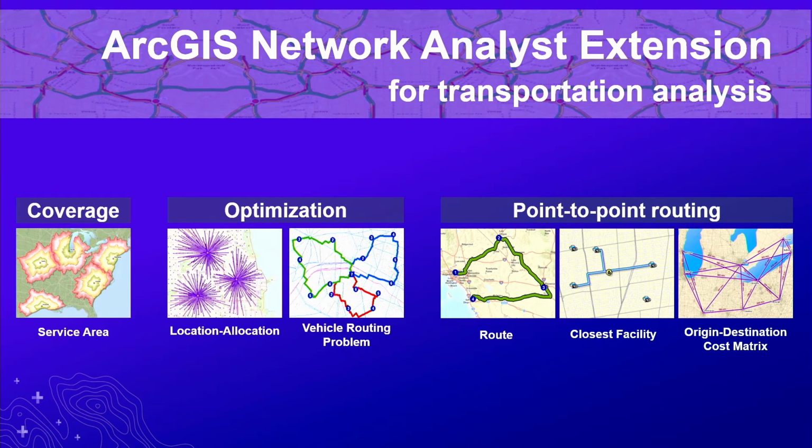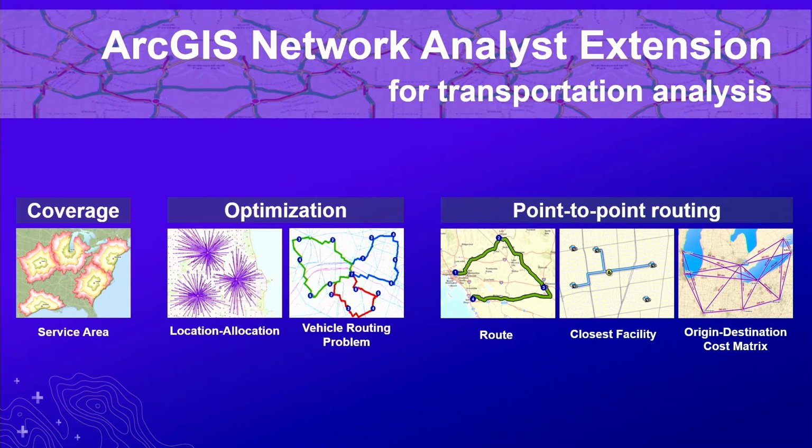Now the route solver allows you to find the best route between 2 or more stops with the option to optimize the sequence in which you visit the stops. The stops can have time windows and can also use live or historical traffic when available. The closest facility solver allows you to find 1 or more closest facilities from a given incident.